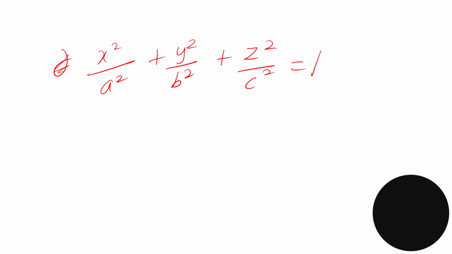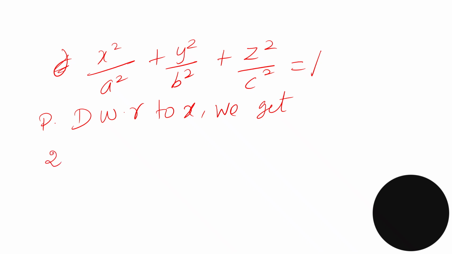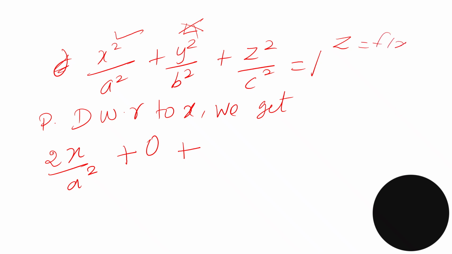In this equation, first we differentiate partially with respect to x. The first term has x, so we get 2x/a². The second term does not have any x, so its derivative is 0. The third term also involves x, because z is a function of x and y.